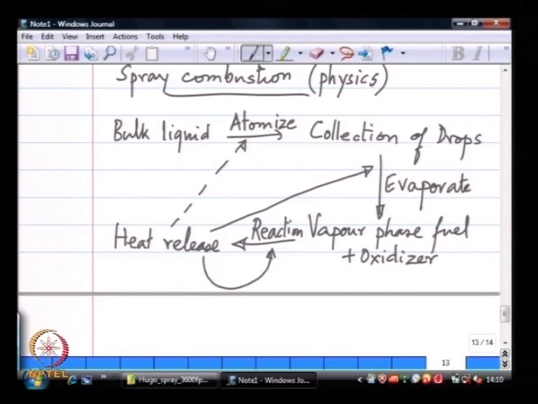Now, there is also a possibility that this heat release affects the atomization process itself. Okay, this atomization is essentially what is happening close to the nozzle, that is the process of converting bulk liquid into a dispersion of drops, a collection of drops. So, that process itself is a fluid mechanic process. There is some motion happening and it is quite possible that that fluid mechanic process is affected by the temperature environment it is embedded in.